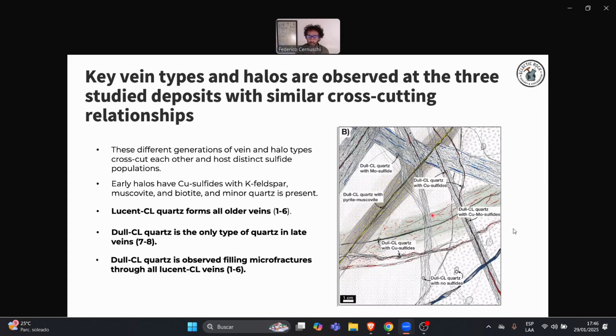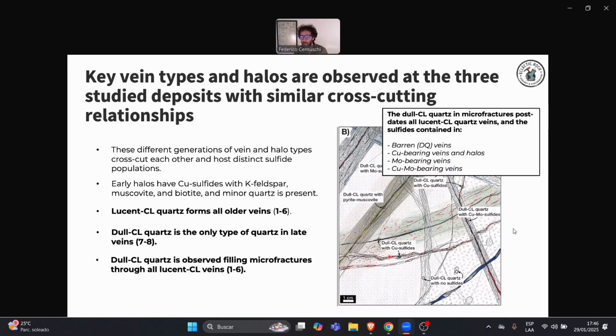And then when you look in detail in cathodoluminescence inside all the older lucent CL quartz, we see that these microfractures with dull CL quartz are everywhere. They crosscut all the vein types. They're not only present in A veins, they are present in all these veins. So we think that each of these veins in the earlier lucent CL quartz generations formed with their own distinct population of sulfides. Some have copper sulfides, some are barren, some have only molybdenite and don't have copper sulfides.